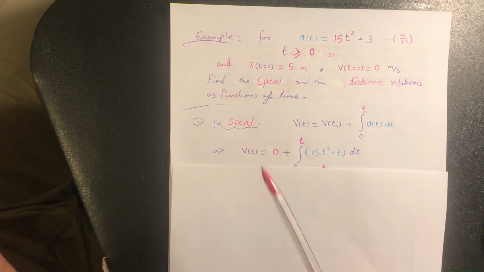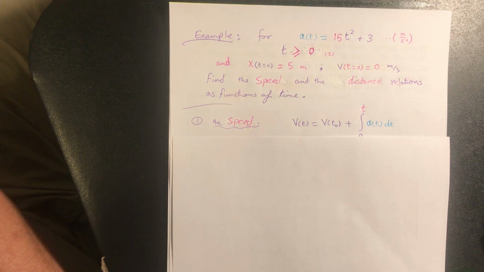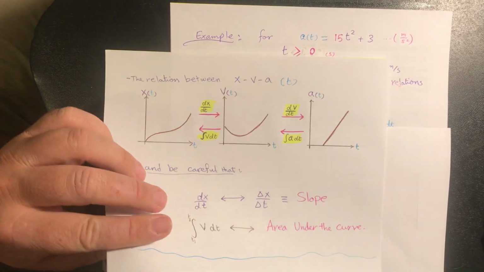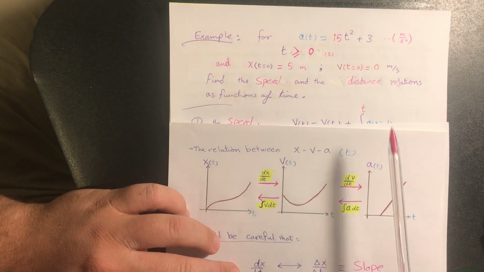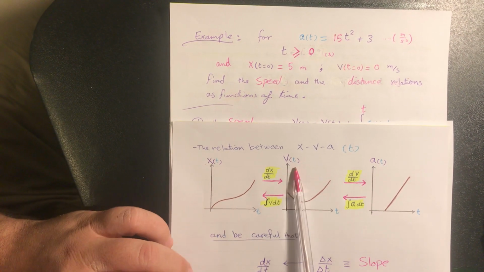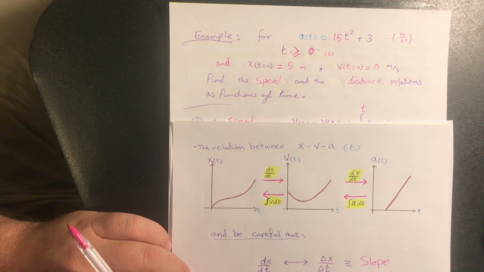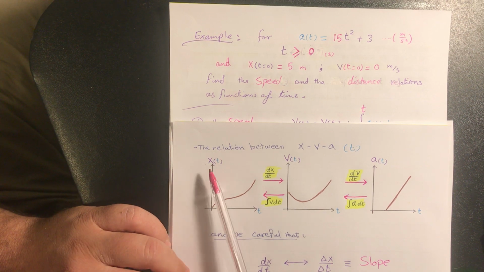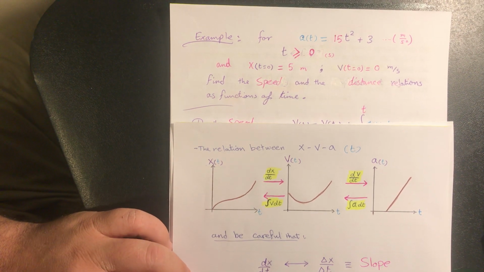For the speed, we have the acceleration given. We need to jump from acceleration to velocity, then from velocity to the position or the distance function.